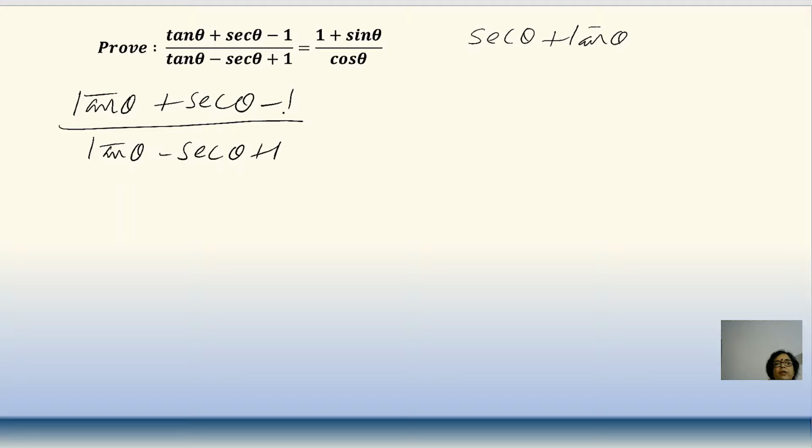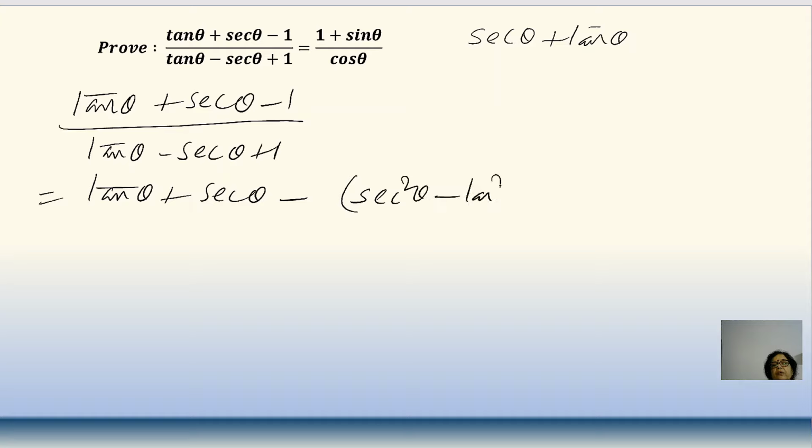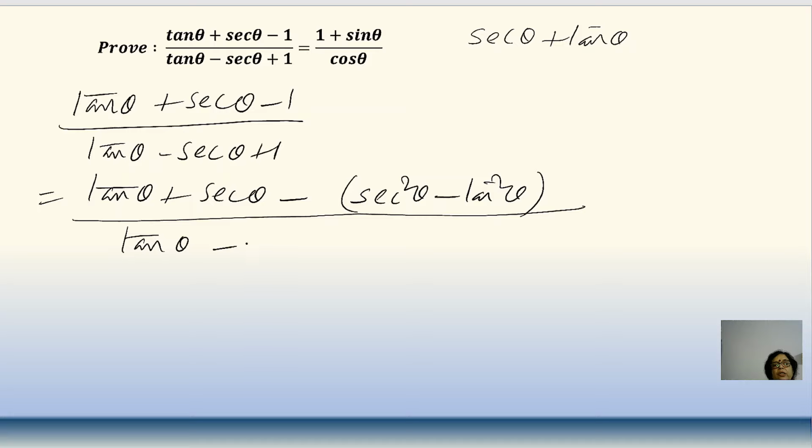So here what we are going to do is, in the next step, we will be replacing this 1 with sec square theta minus tan square theta. We need a term in the numerator over here. The right hand side is in the numerator, so the 1 in the numerator has been replaced. The denominator 1, we'll keep it as it is: tan theta minus sec theta plus 1.